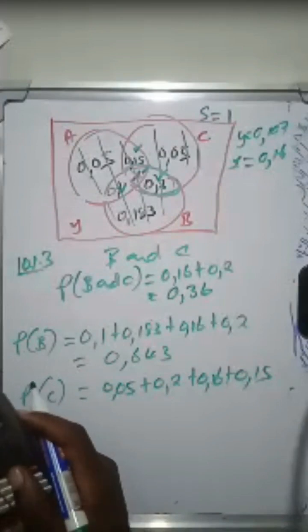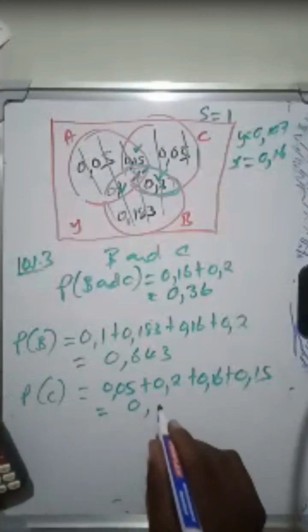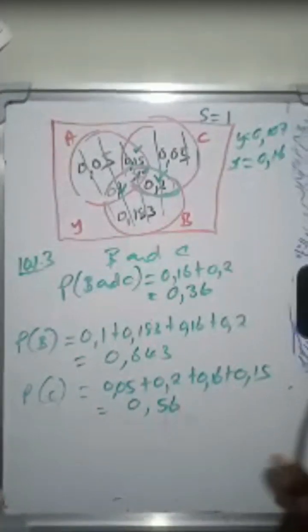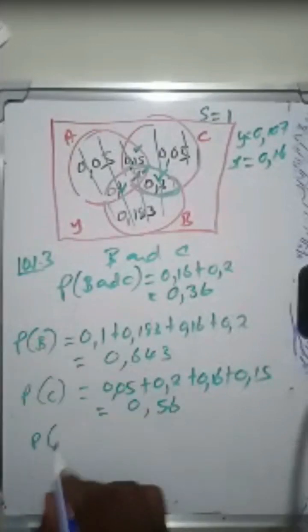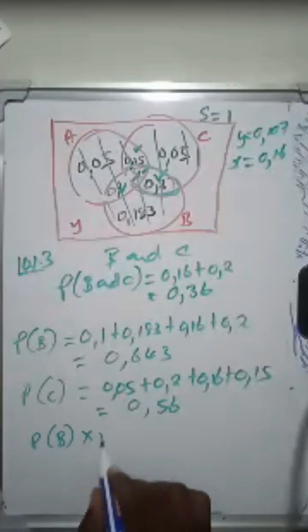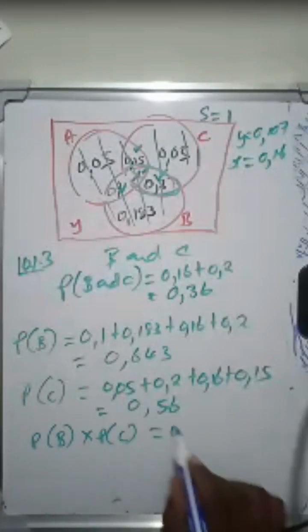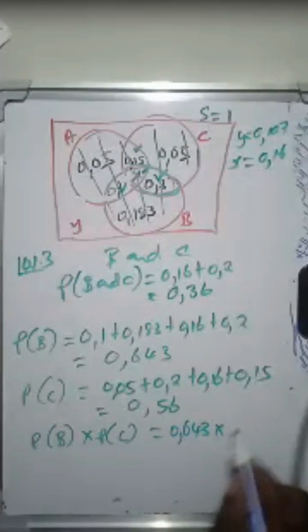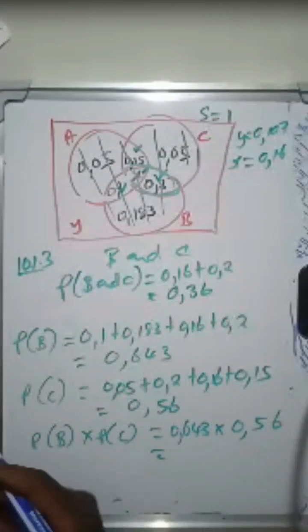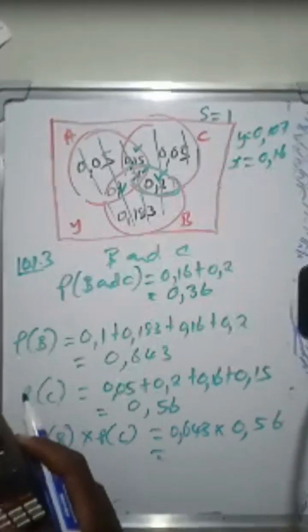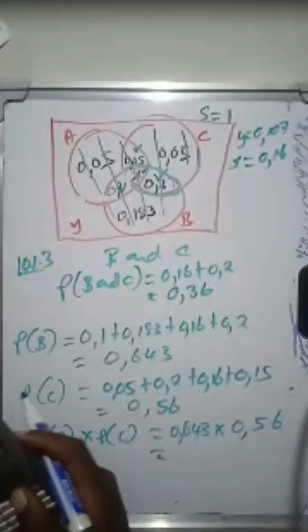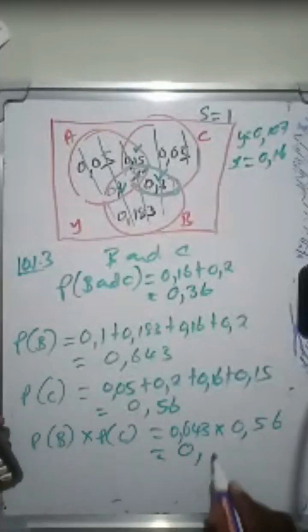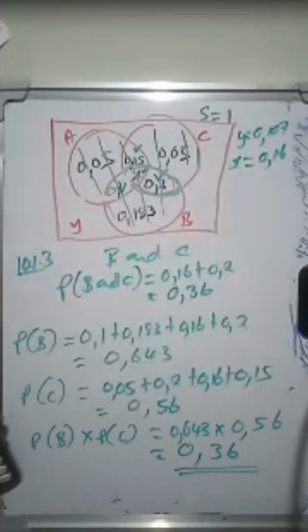We get 0.56. Okay? So now to check independence, we have to multiply the two. Probability of B times probability of C is equal to 0.643 times 0.56. We get 0.36, rounded off to 2 decimal places.